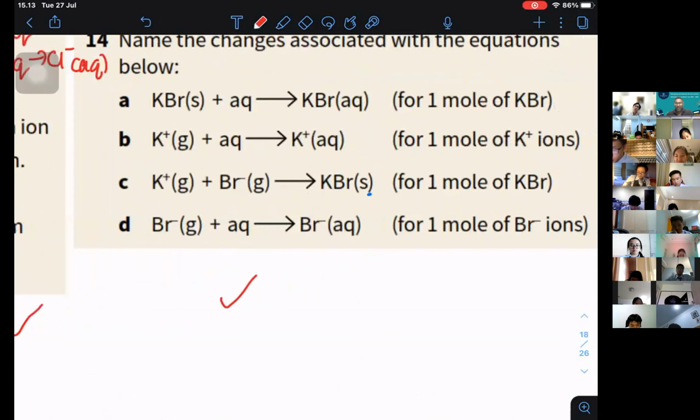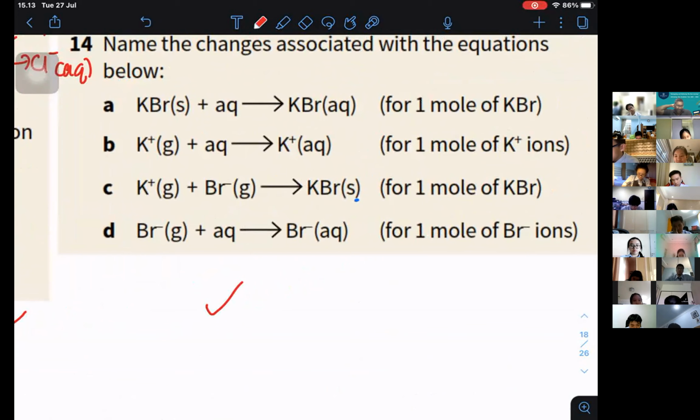If you know all the definitions, you should be able to come up with the name of the change immediately. For example, if you have a solid dissolved in water, this is the first one that we have learned, the enthalpy change of solution.